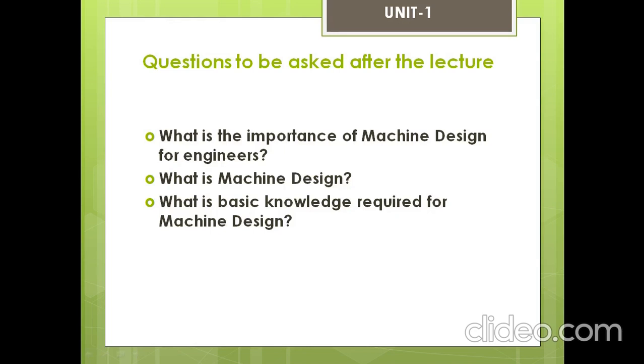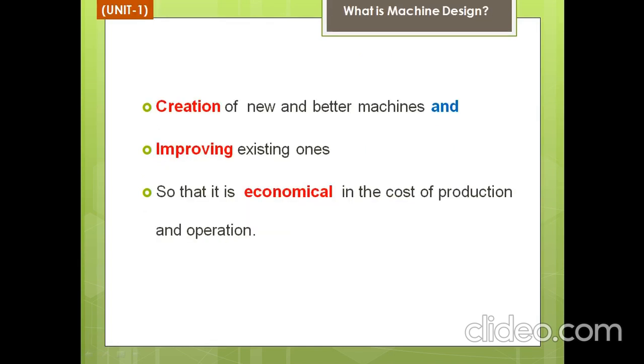Clear? So come now to the content. What is machine design? You know that design is the imagination to create a new or better thing. So similarly, machine design is the creation of new and better machines or improving existing ones.